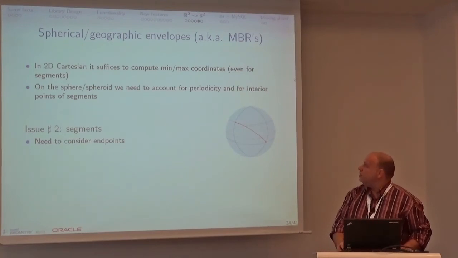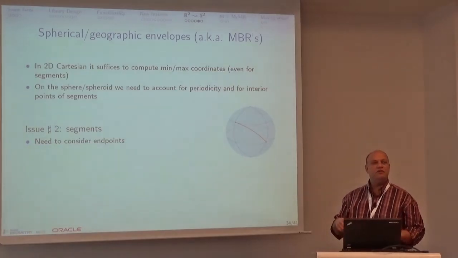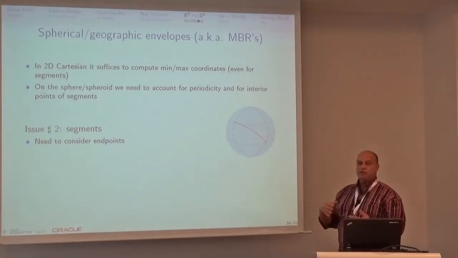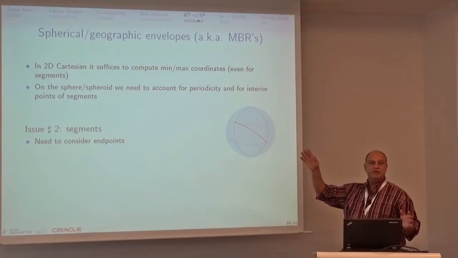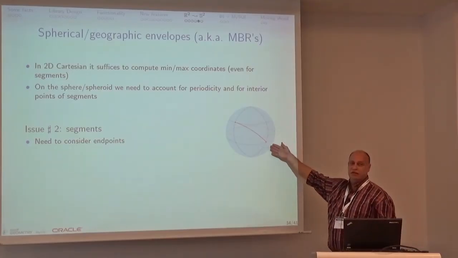Another thing that was really interesting is that segments are really different on the sphere compared to the Euclidean point. If you want to compute the axis-aligned bounding box of a segment, in 2D you need to look at the 2 endpoints, and this is sufficient. Here's the case that you see here.